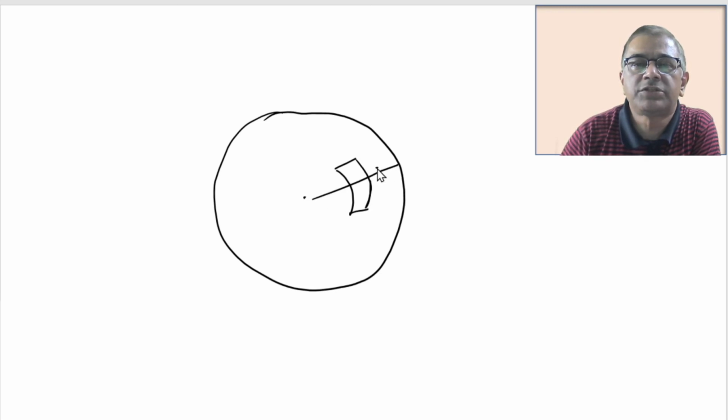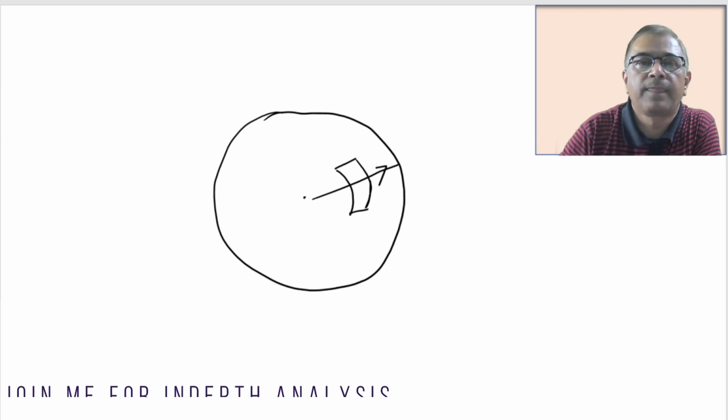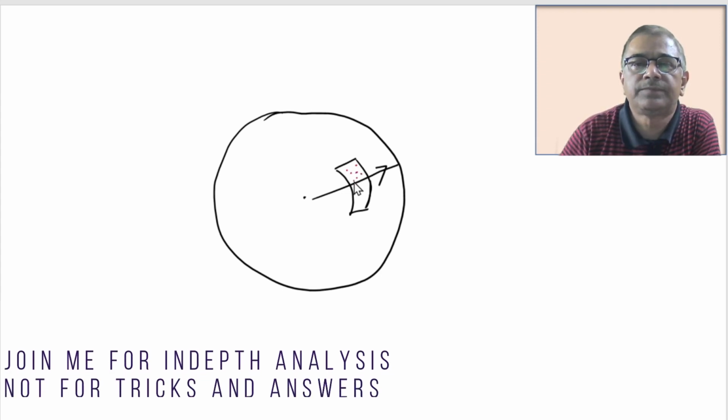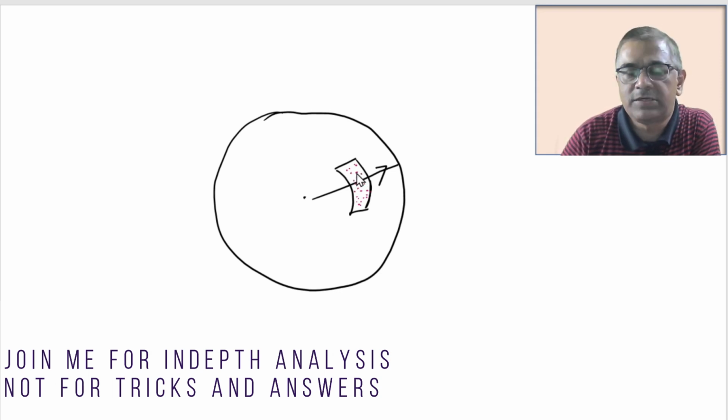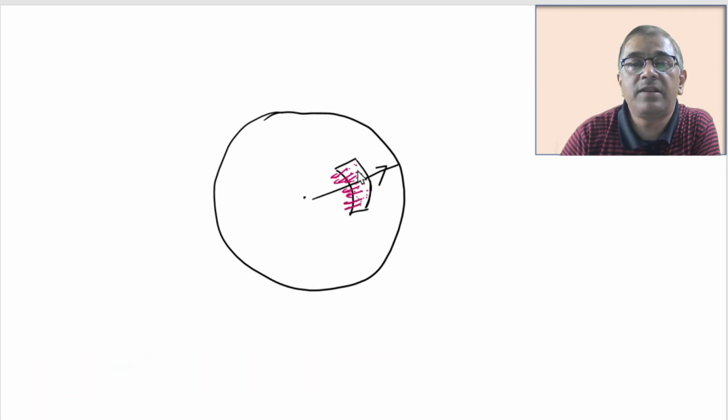This is the direction in which current is increasing, and all the electrons have thermal velocity, but the average thermal velocity is 0, so I am not bothered about it. I will take care of the collective motion of the electrons, which has to be inwards. Effectively, all the free electrons within this metal will be moving radially inwards because the current is radially outward.